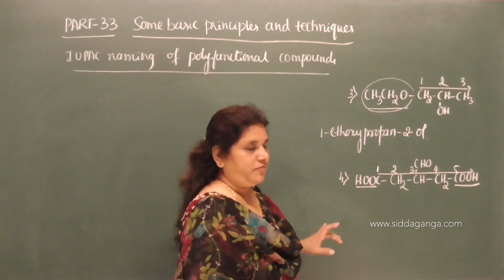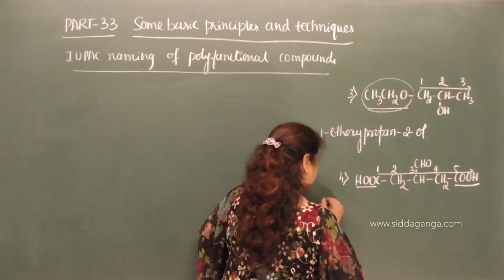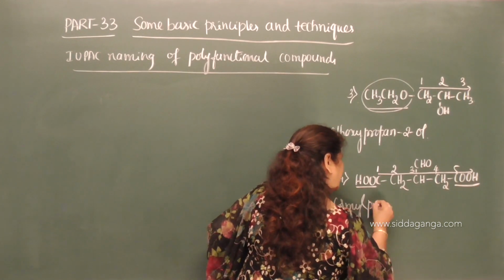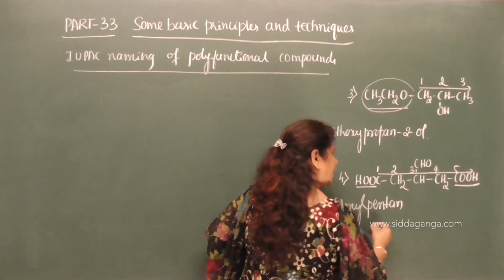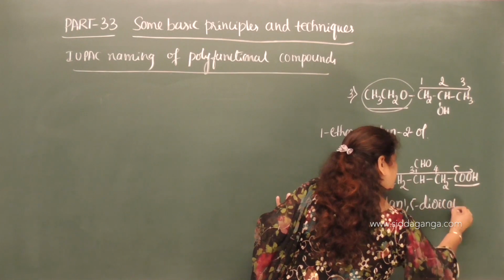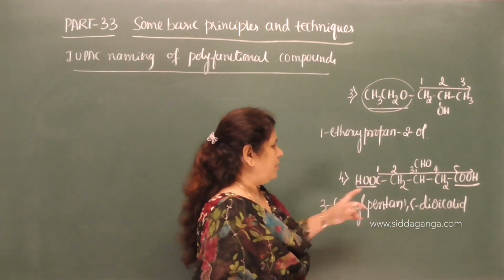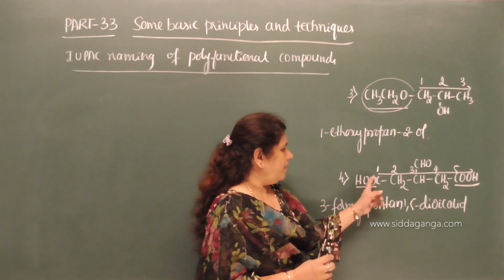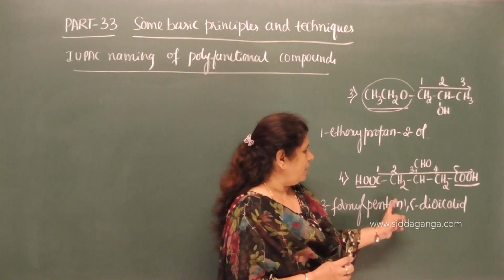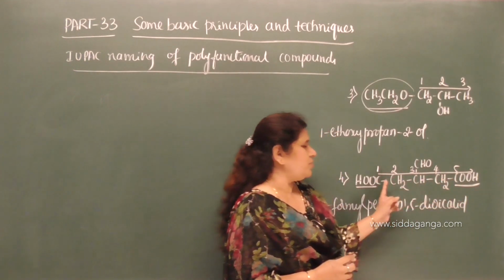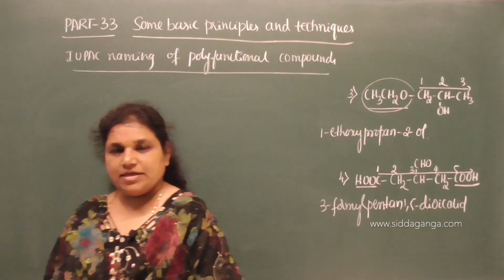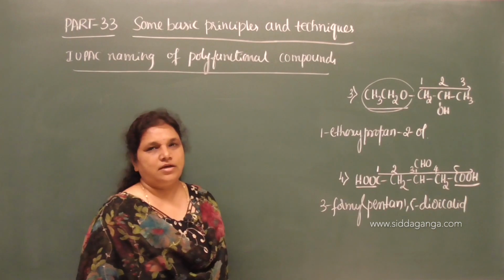On the third carbon atom we have a substituent group, that is 3-formyl pentane-1,5-dioic acid. See here, 3-formyl, correct? Pent, total number of carbon atoms, pentane 1,5, 2 COOH groups are there. Therefore 3-formylpentane-1,5-dioic acid is the IUPAC name for this compound.